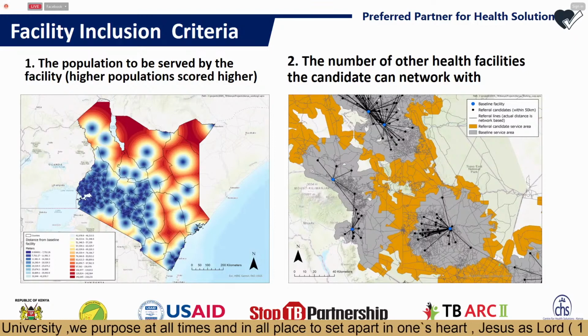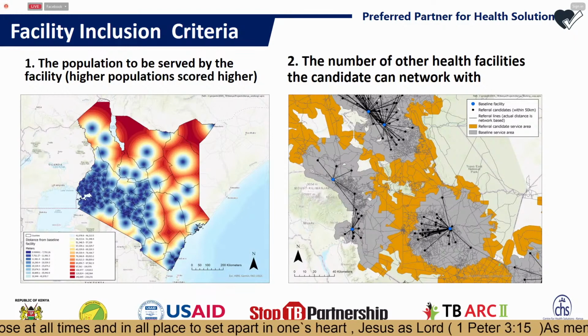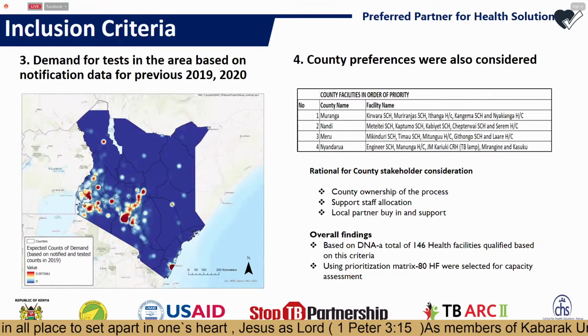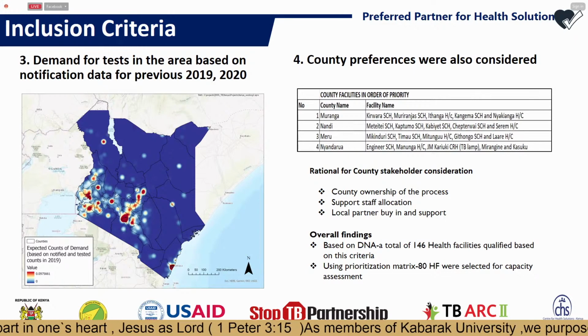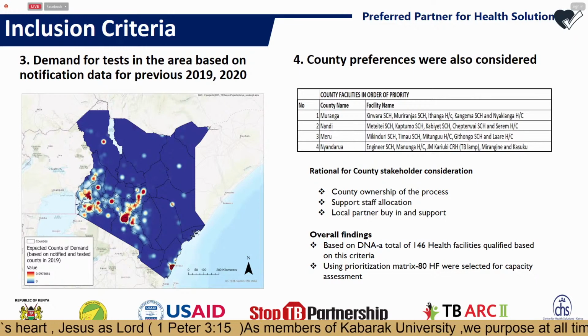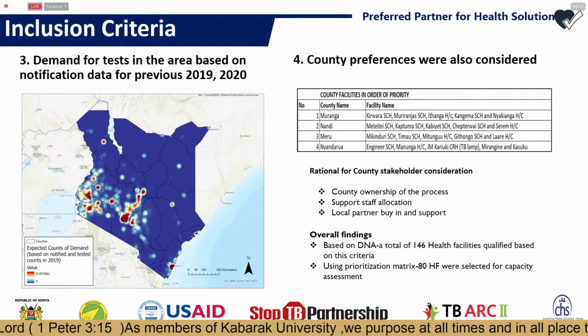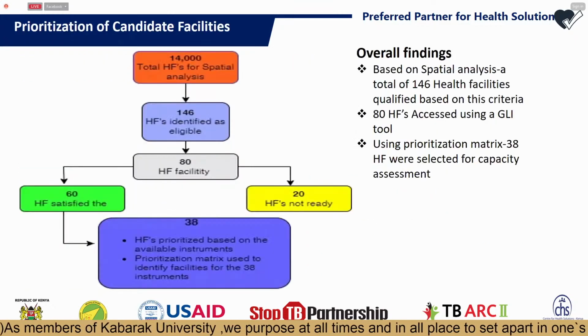In Kenya, we use the hub and spoke model, where one facility is given a machine and networking is done around those facilities. In the inclusion criteria, we also looked at the demand for testing in the area based on notification for the period 2019-2020. And we also ensured that the preference of the counties, as key stakeholders, was taken in.